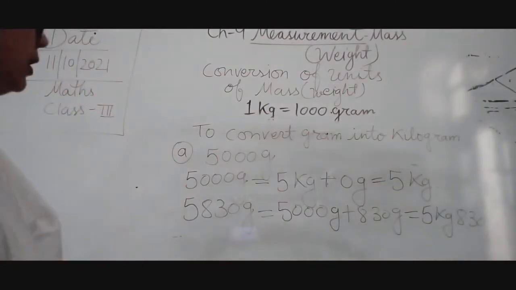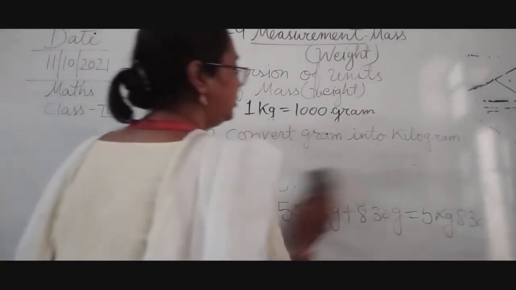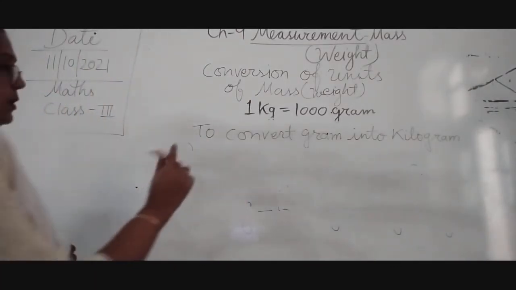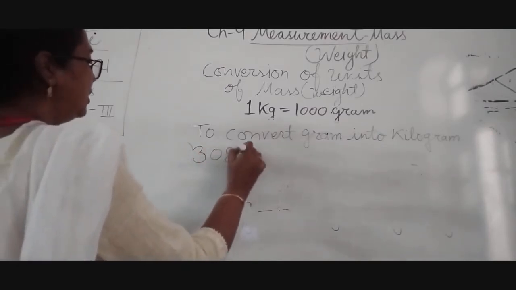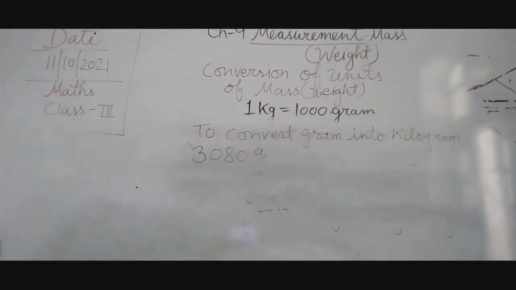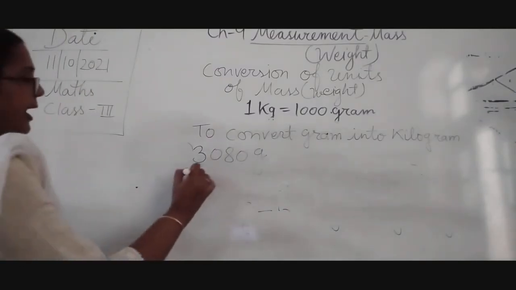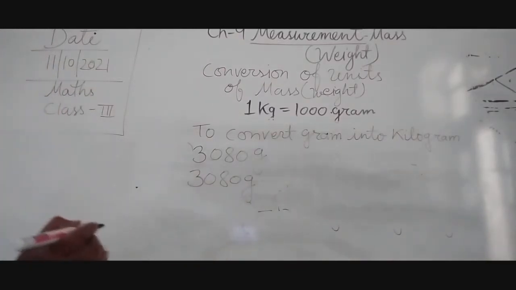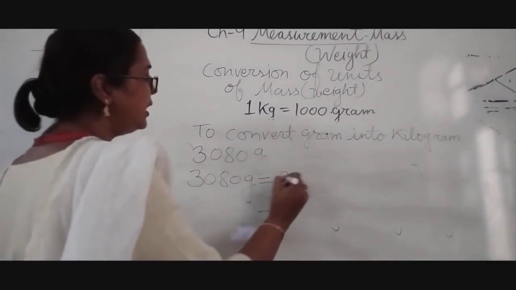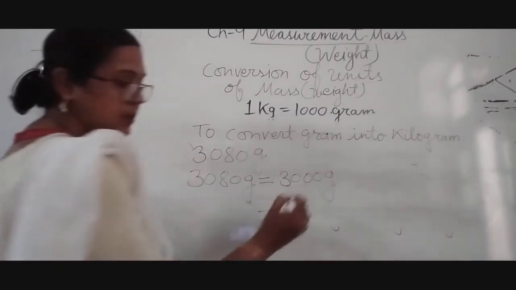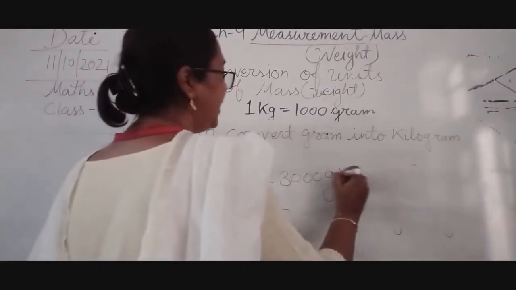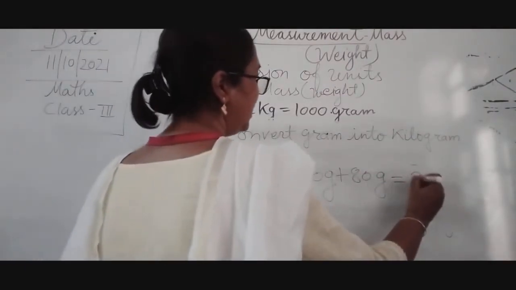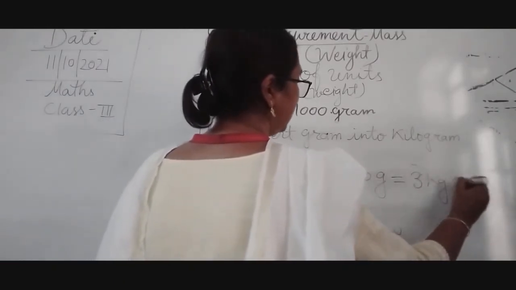Now children, next example I will give you. If we convert 3080 grams into kilograms, what will we do? We will write 3080 grams equal to 3000 grams plus 80 grams, equal to 3 kg and 80 grams.